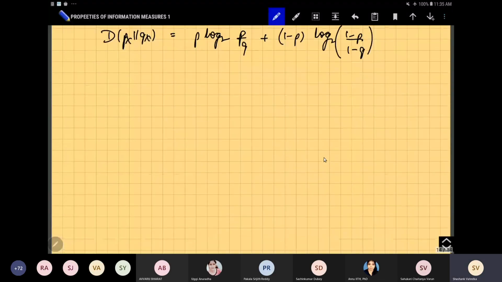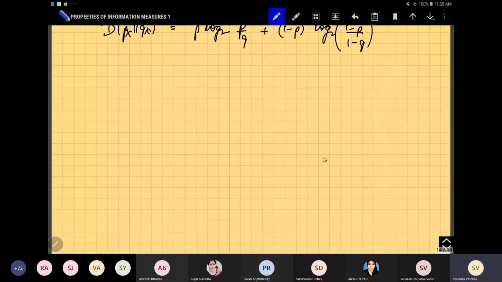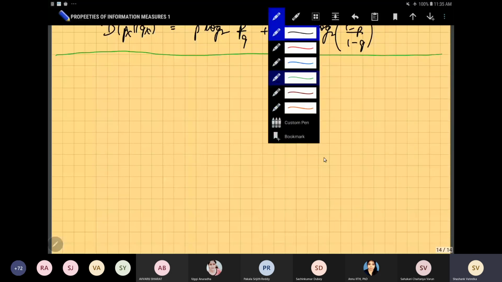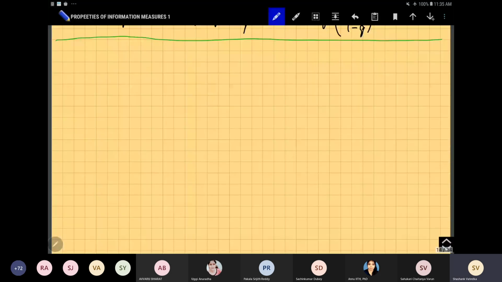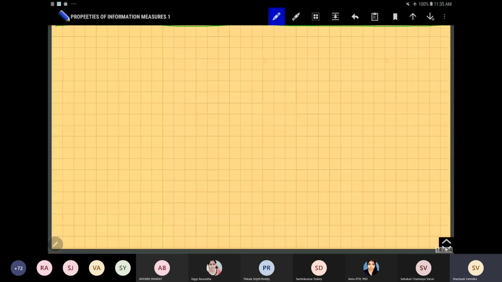All right, so now that we've seen these properties of the mutual information and entropy, let's move on to a slightly different topic, and that is the following. We've seen that the mutual information can be maximized to give you the capacity of the channel.